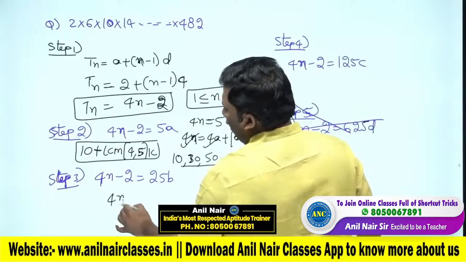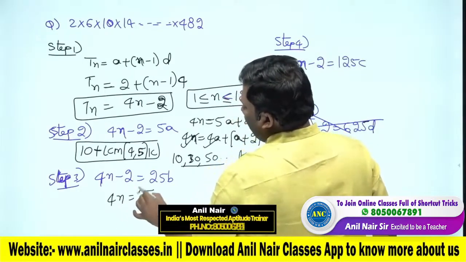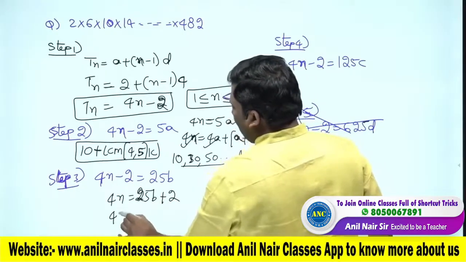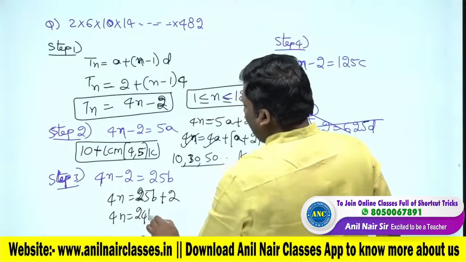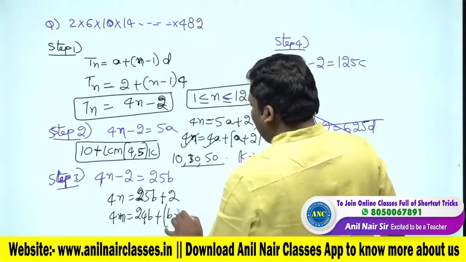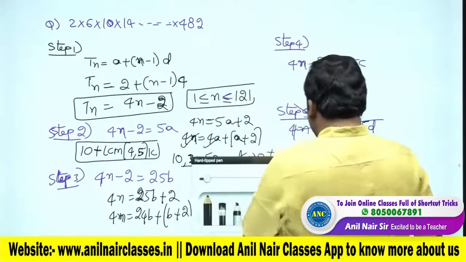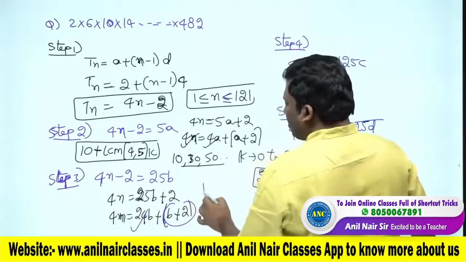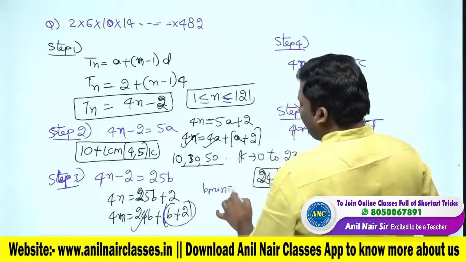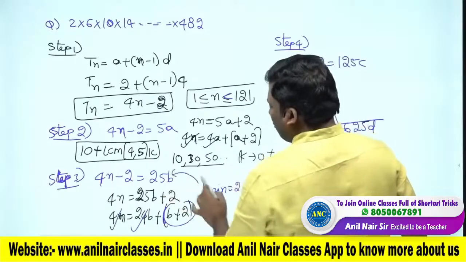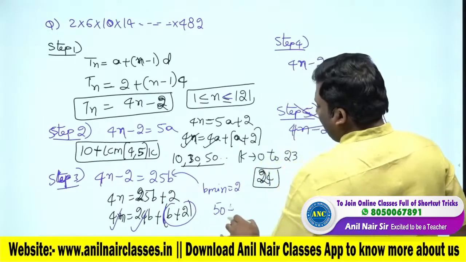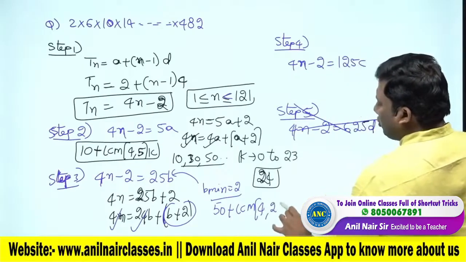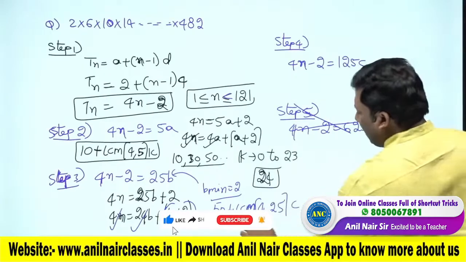This will be 4n equivalent to 25b plus 2, that is 24b plus b plus 2. 4n is divisible by 4, so b minimum has to be 2. If b minimum is 2, it is 50 plus LCM of 4 comma 25 into k.